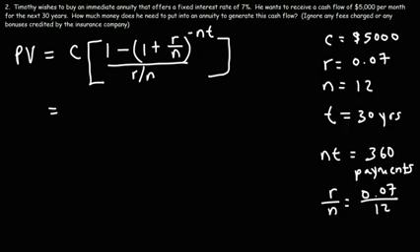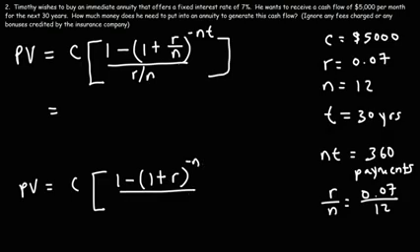So keep in mind that we're assuming that interest is credited to this account on a monthly basis. If the interest is credited on an annual basis, then we would need to use the same formula that we did in the last problem. But the only difference here would be that the cash flow wouldn't be $1,000 per month, but rather it would be $12,000 per year, which will still equate to $1,000 per month.